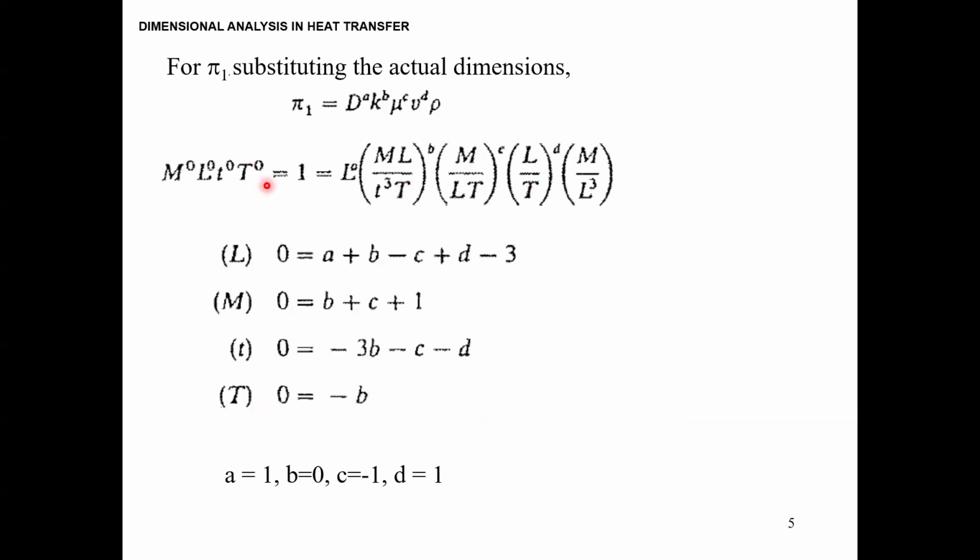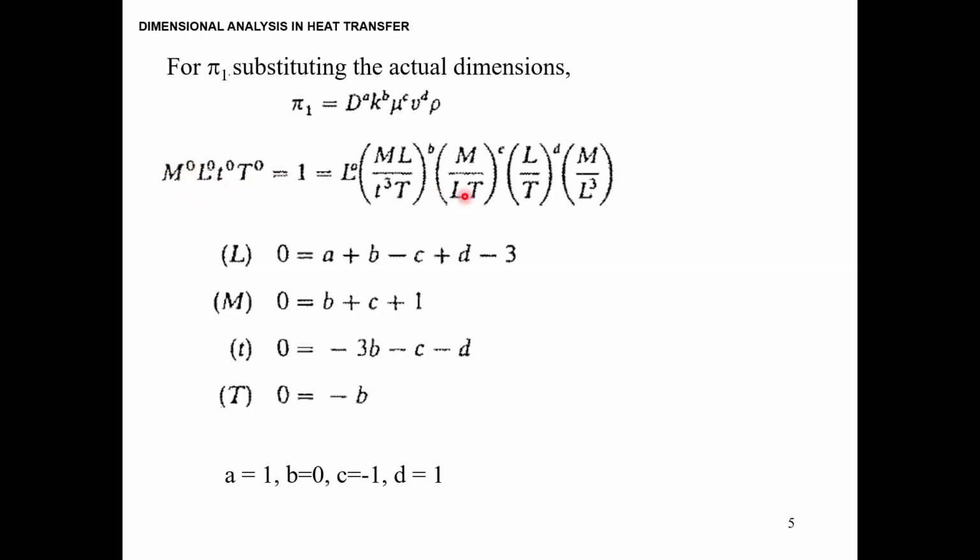The first dimensionless group is expressed in terms of these variables, right? We want to know what A, B, C, D are. Now you express this equation in terms of its fundamental units. Since it's a dimensionless group, it is unitless, so all the fundamental units have the power 0.